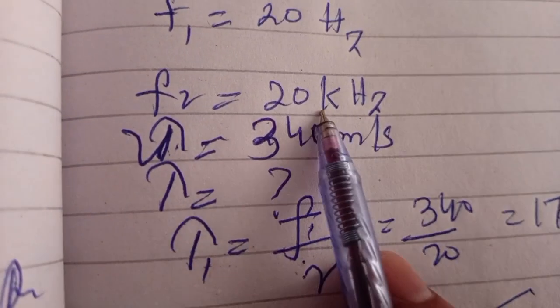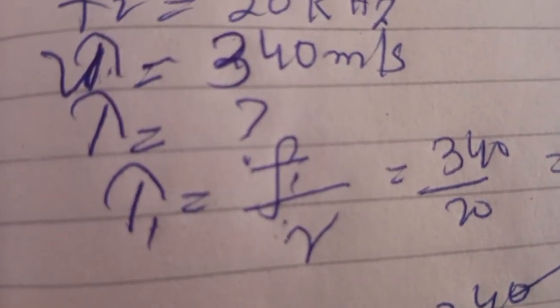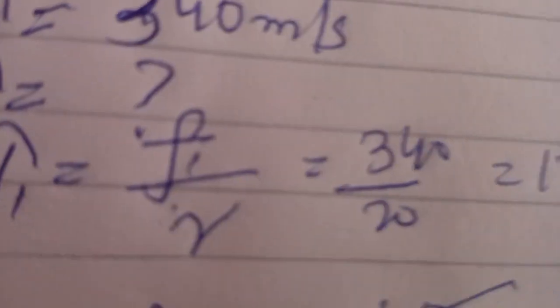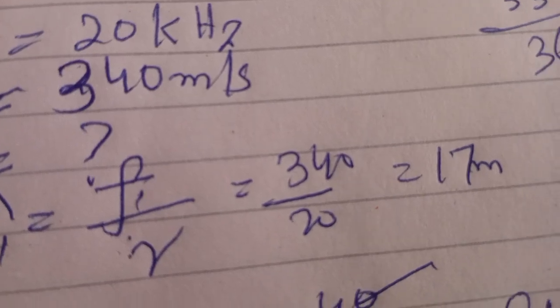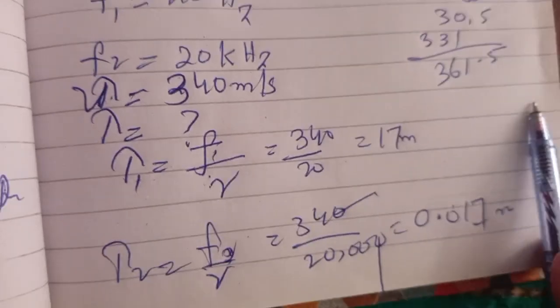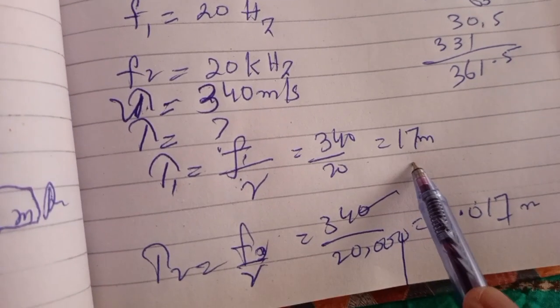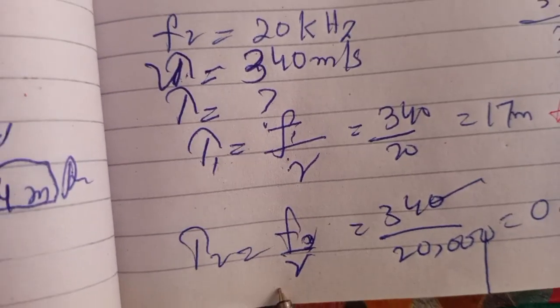So the speed has been given as 340 and the frequency as 20. I divide 340 by 20 and I got the answer 17 meters. So here is the answer. First answer is there. Now the second one.